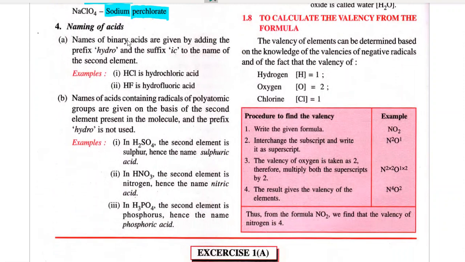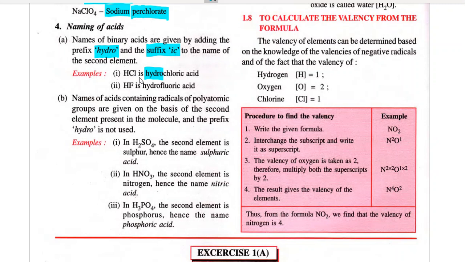Names of binary acids are given by adding the prefix hydro and the suffix IC to the name of the second element. Like HCl. So you write hydro because there is hydrogen. Hydro means hydrogen.